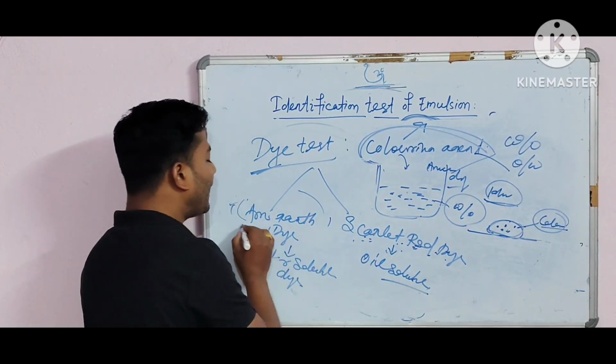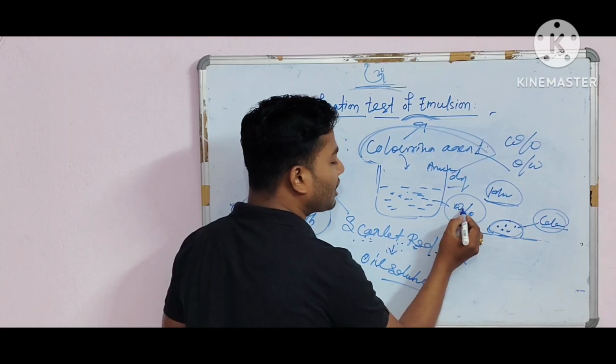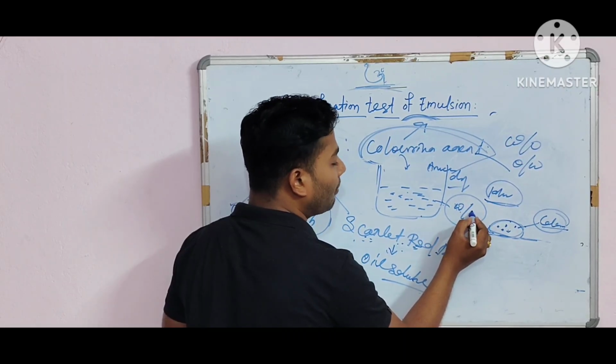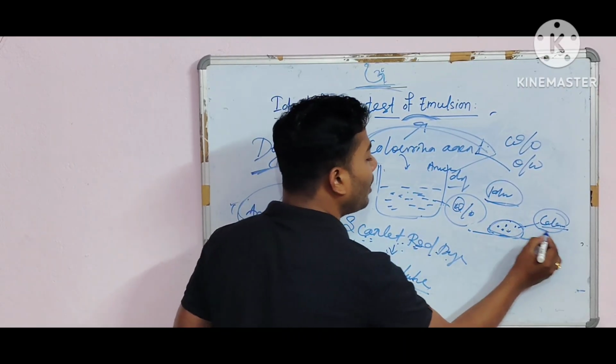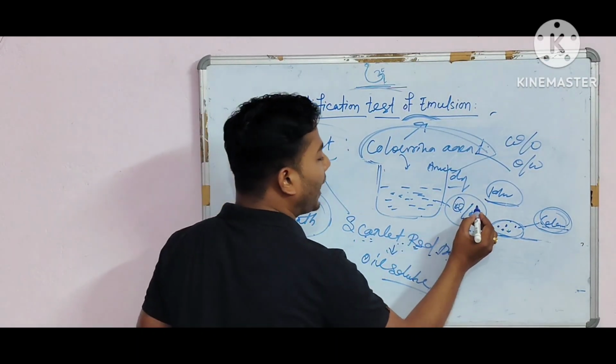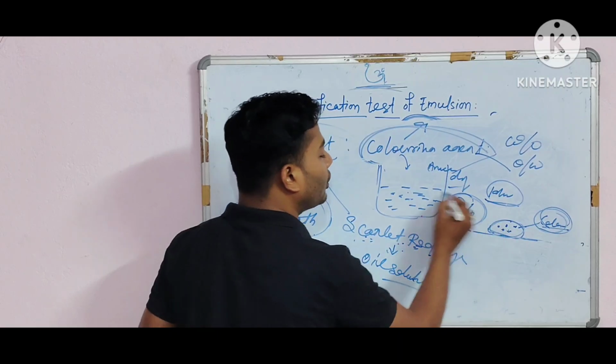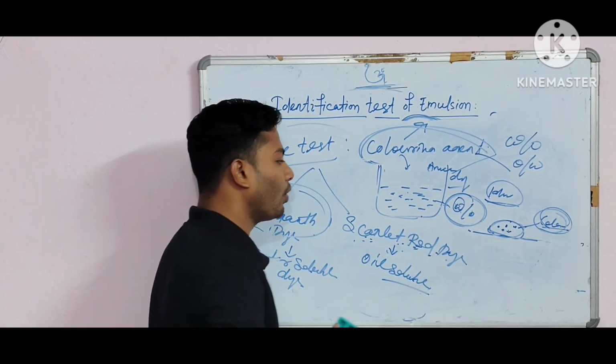Why? All of you know the amaranth dye is water soluble. Water is in the dispersed phase in the oil medium. That's why the globules part has the color. So if the globules are colored, definitely it is a W by O type of emulsion.